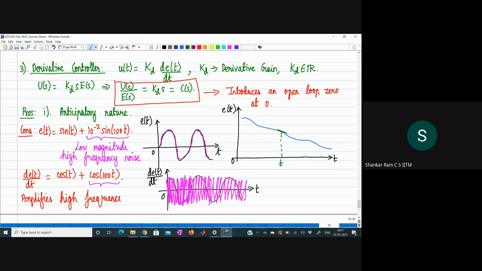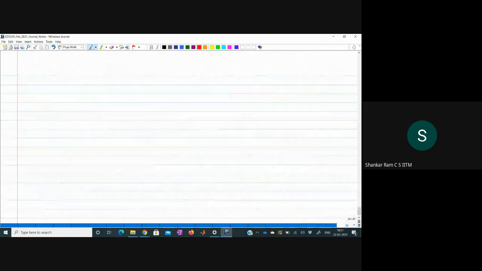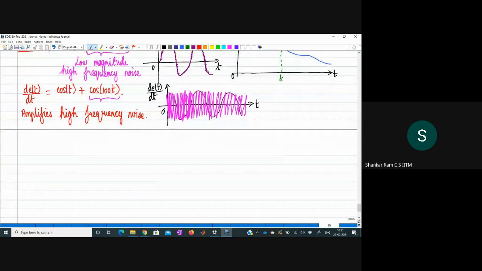Although to begin with the noise was low amplitude, since its frequency is high, the derivative controller amplifies it. So that's one limitation with derivative control.